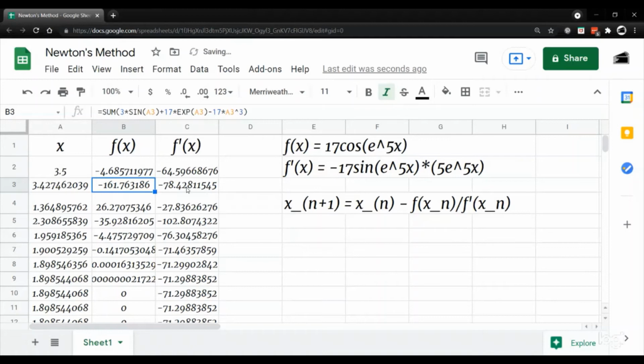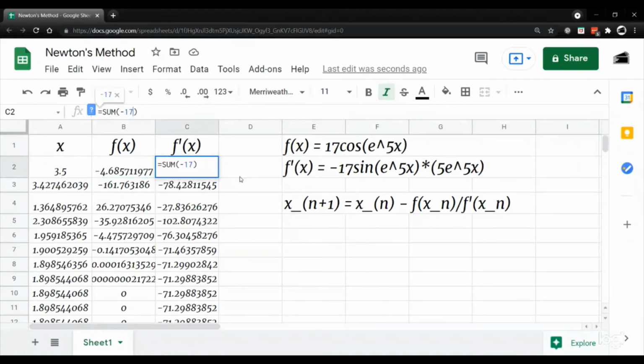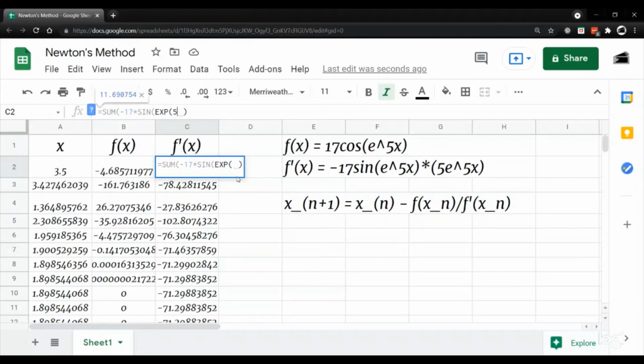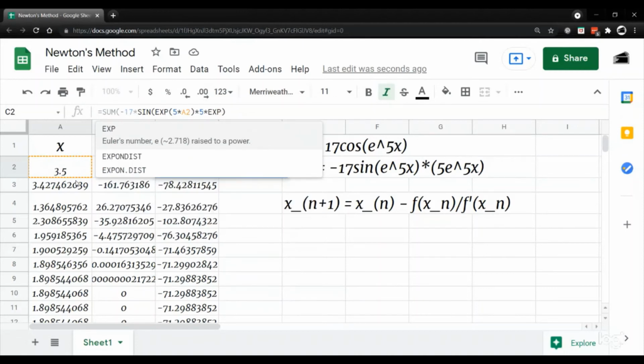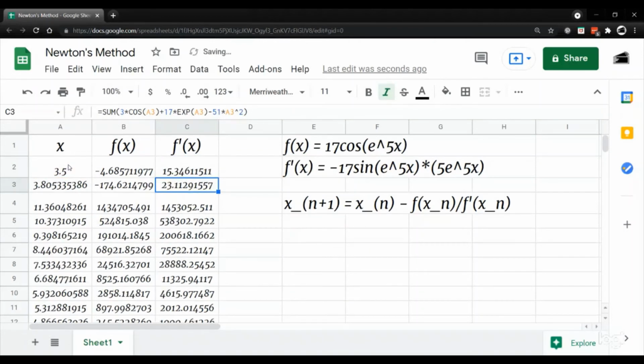And then the derivative of that is going to be negative 17 times sine of e to the 5x, times 5 times e to the 5x. And I think I need one more parenthesis, and we're good.